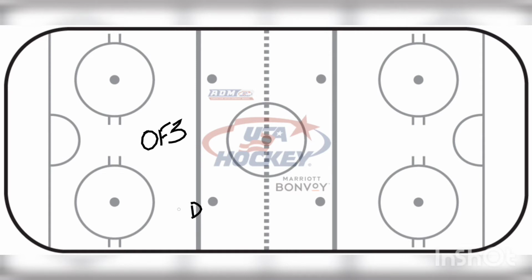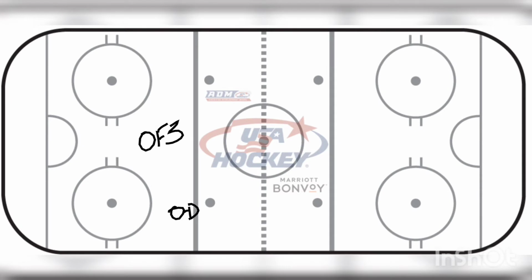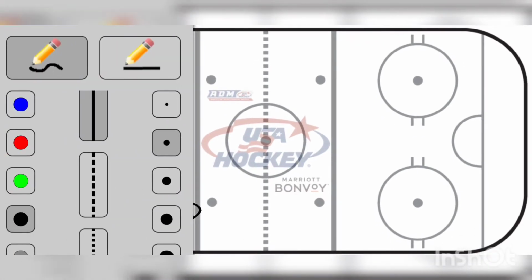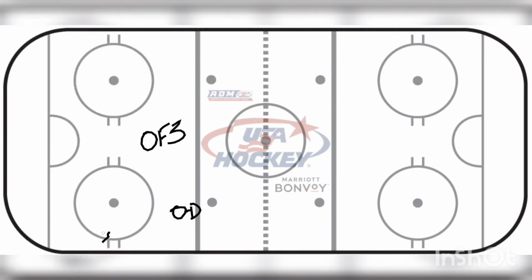What we're doing here is reading what the other team is giving us on this breakout, with us moving either higher or lower, being able to read what kind of pressure we're getting. Being able to transition from our D zone to our neutral zone to hopefully our offensive zone is very imperative for the guys on the walls, typically our wingers.